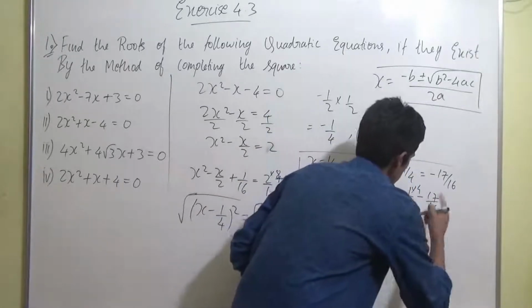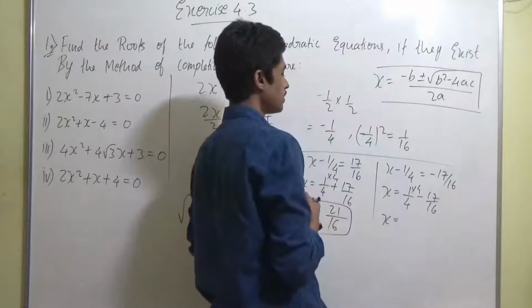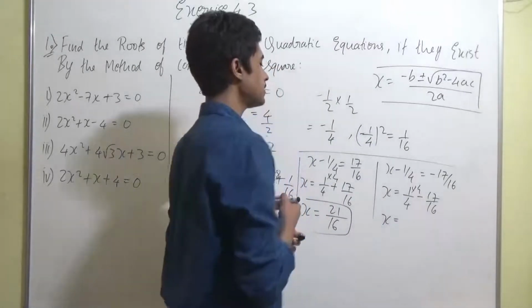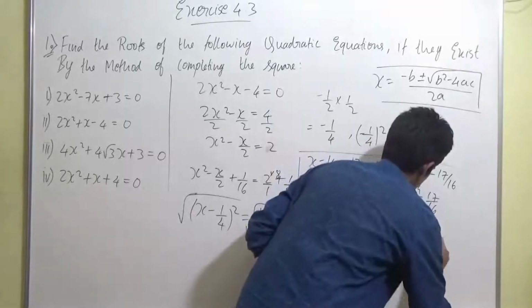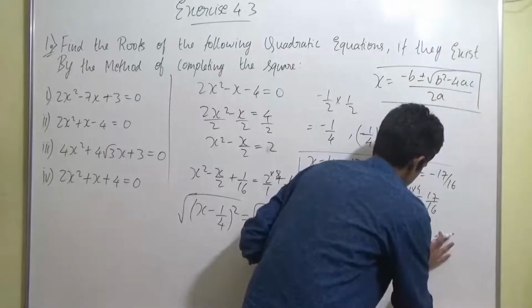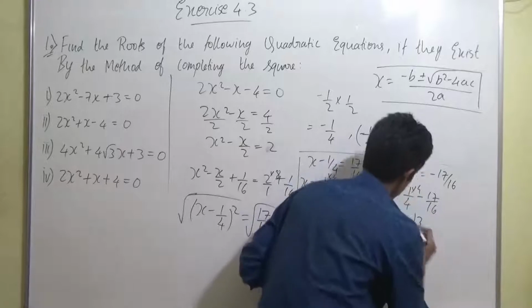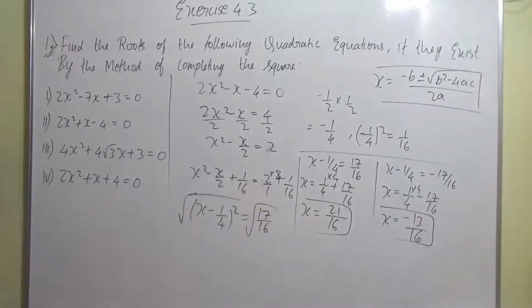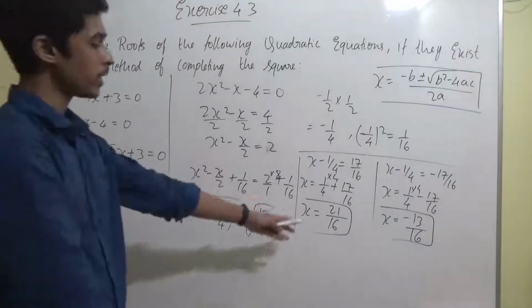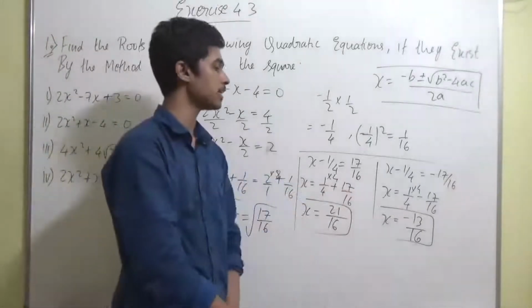You will get x as 4 minus 17, that is minus 13 by 16. Correct. This will be your second solution of x. So these are the two solutions of x, guys. One is x equal to 25 by 16, another x equal to minus 13 by 16.